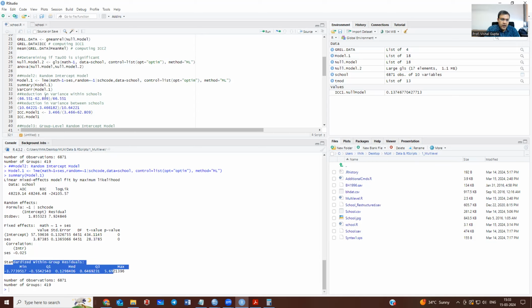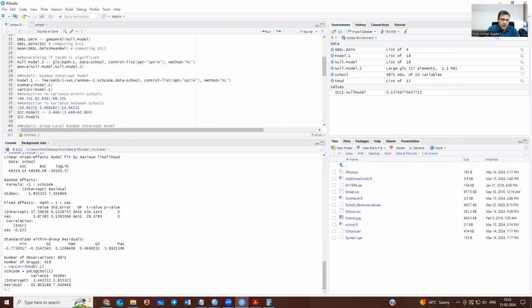Now if I do variance covariance of model 1, this is what we have now got. Initially you see we had 66.551 as the sigma square r. Now it has gone down to 62.803.